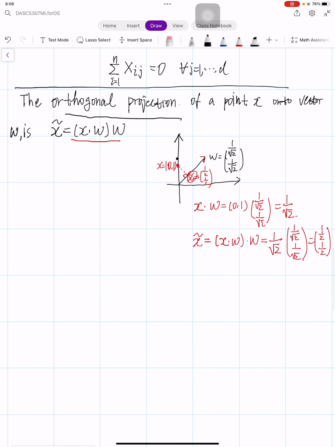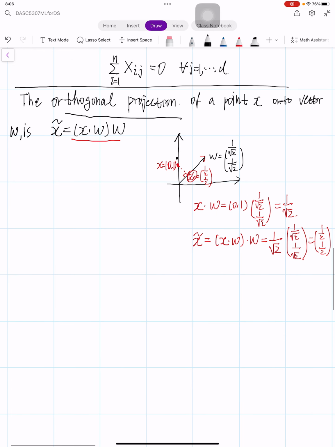Usually in the following we assume w is a unit vector.